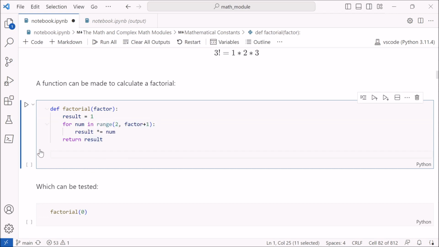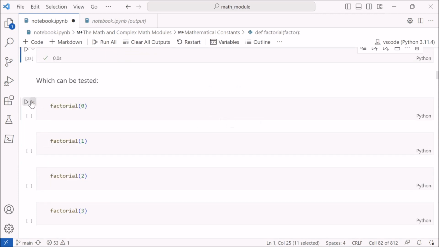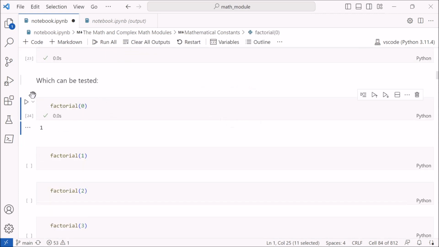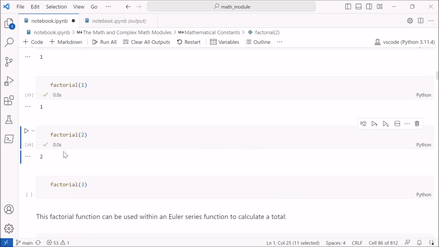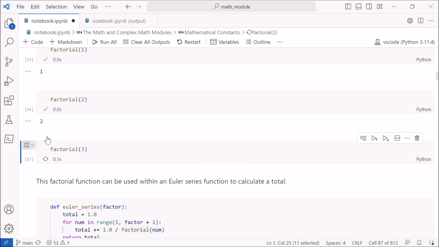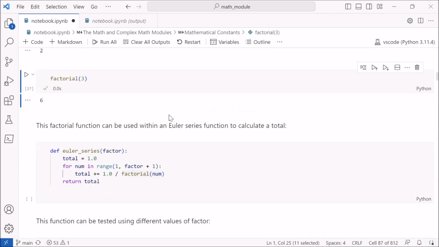And then the result is going to be returned. So we can run this function and we can test it. So factorial of 0 is 1, factorial of 1 is 1, factorial of 2 is 2 times 1, which is 2. Factorial of 3 should be 3 times 2 times 1, which is 6.